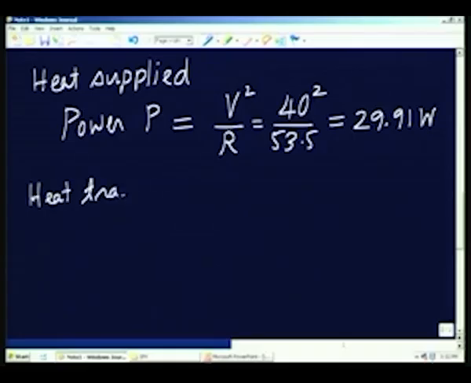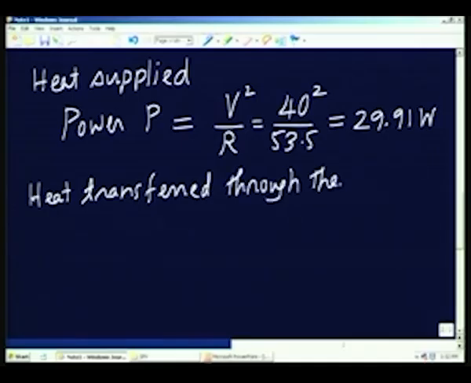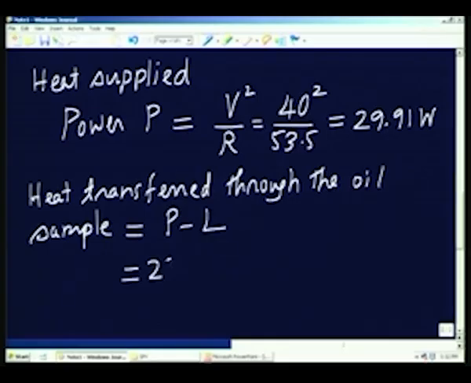So, we can say that the heat transferred through the oil sample will be the difference between P and L. This will be 29.91 minus 1.26, that gives you 28.65 watts.